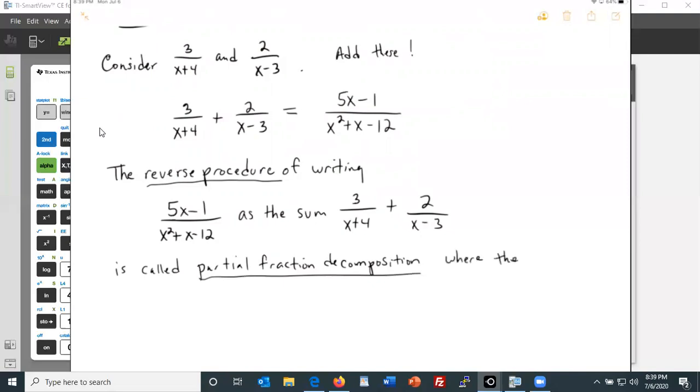Where the two simpler fractions, namely 3 over x plus 4 and 2 over x minus 3, those two simpler fractions are the partial fractions.